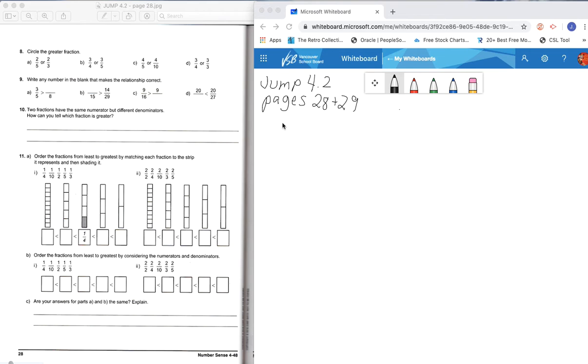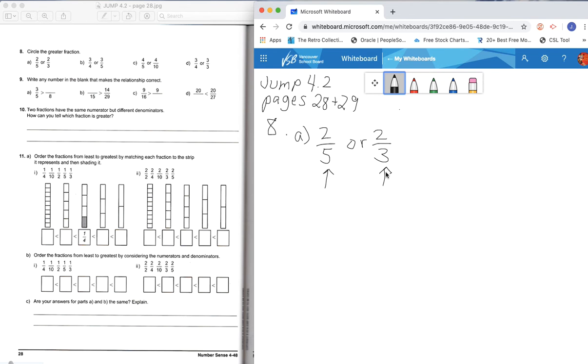All right, let's begin. Number 8. It says circle the greater fraction. So 2/5 or 2/3. All right. So remember, because the numerators are the same, you are looking at the denominators. So you're looking at 5 and 3.